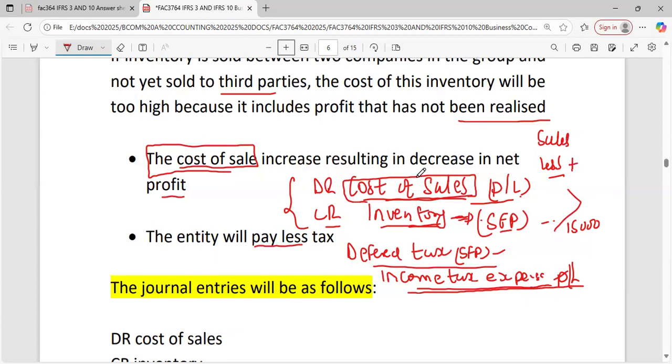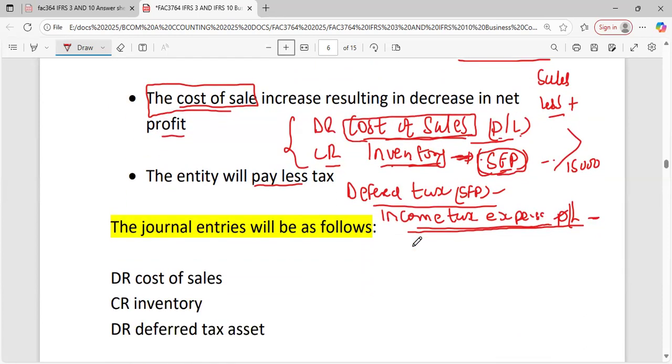The intra-group profit there. Then when you go to consolidate your statement of financial position, you should know the intra-group profit in the closing inventory is going to reduce the inventory and also going to reduce the income tax expense when you do your consolidated profit and loss. So that's basically how these journals work.